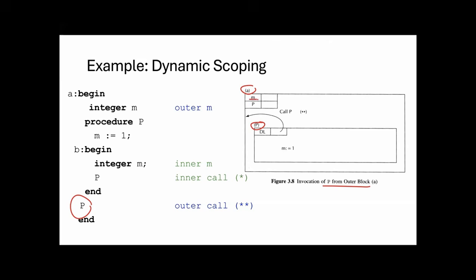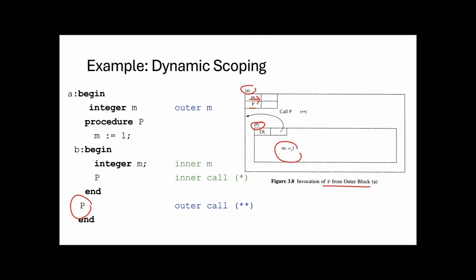And A has two things being declared, the name M and the procedure P. So when we call P, it's basically going to set up M equal 1 for the name M that it can see in the outer block.